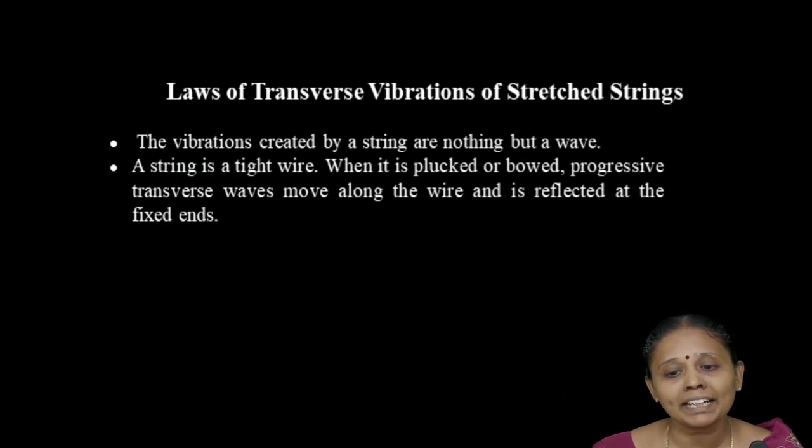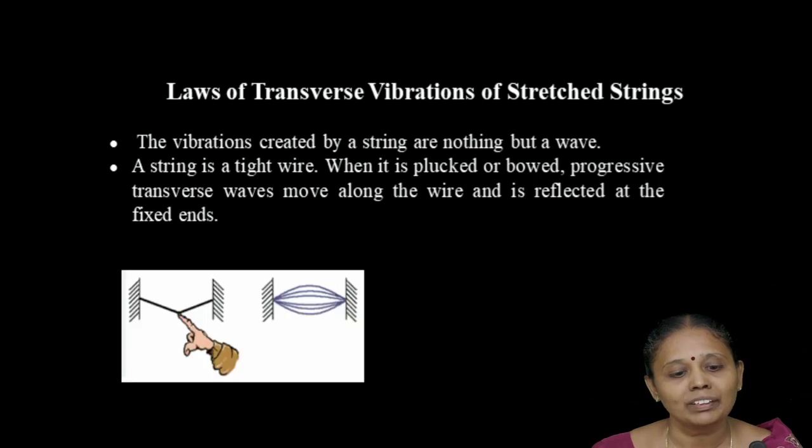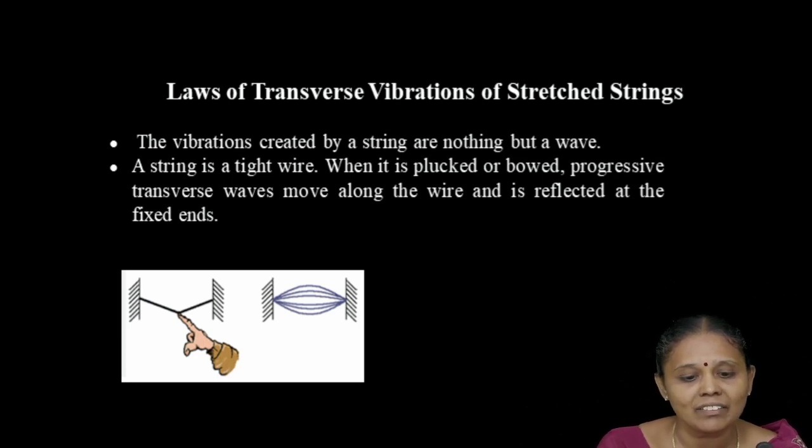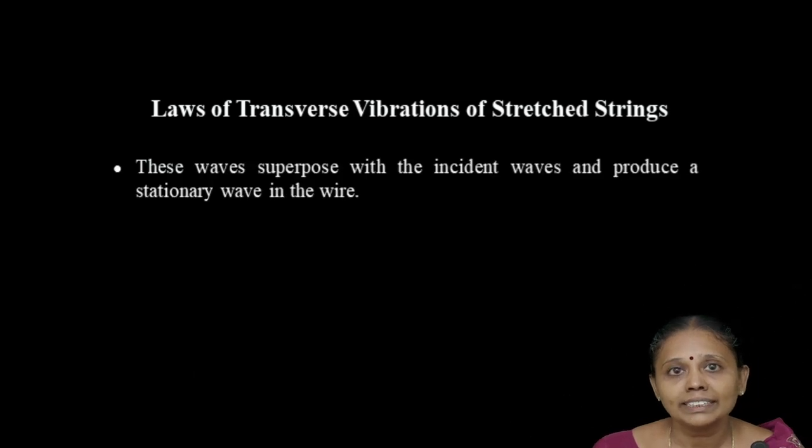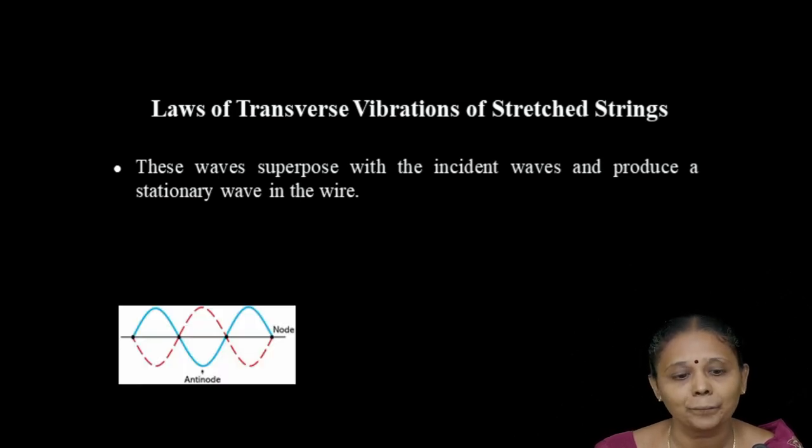When it is plucked or bowed, the progressive transverse waves move along the wire and are reflected at both the ends. So here we see that the string gets vibrated, and the waves are reflected at both the ends of the wire. The waves superpose with the incident one and produce a stationary wave in the wire or string.